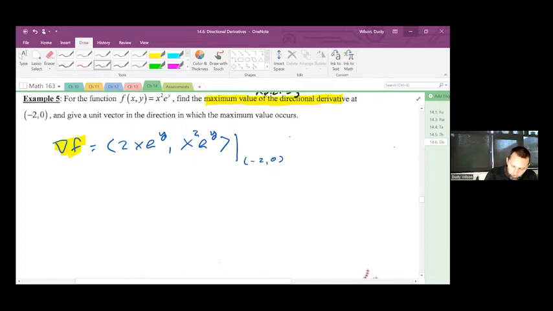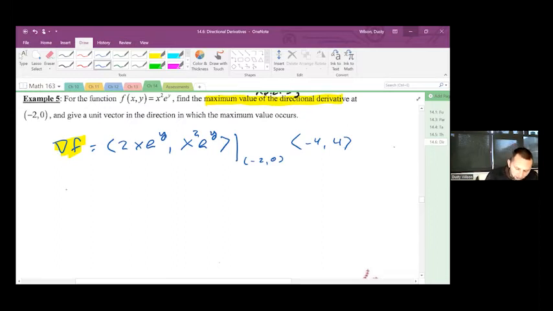That would be the vector -2 times -2, -4 times e to the 0 is 1. So -4, comma, 4. So here we've found the gradient.